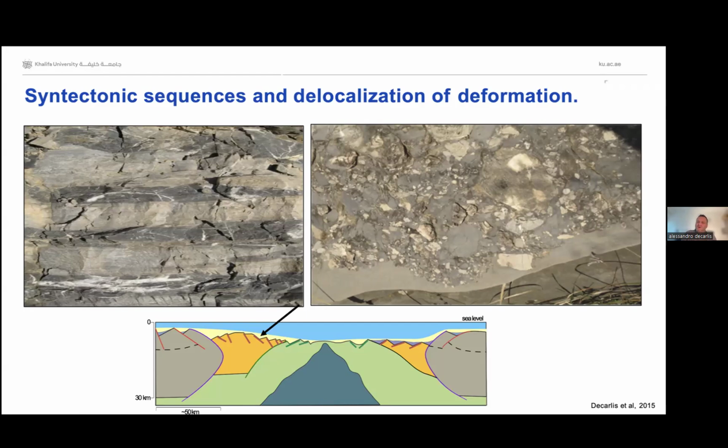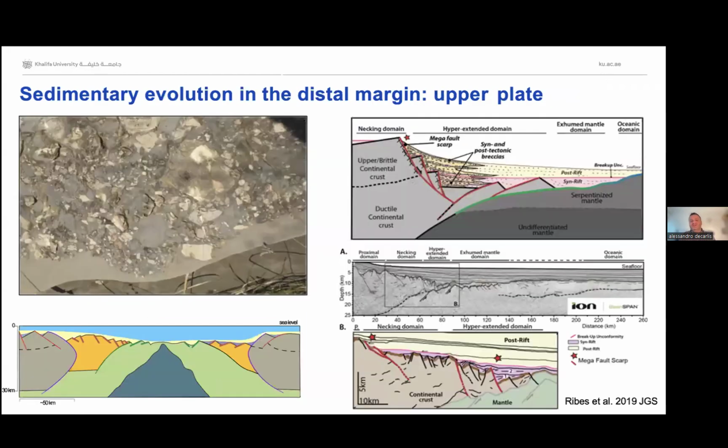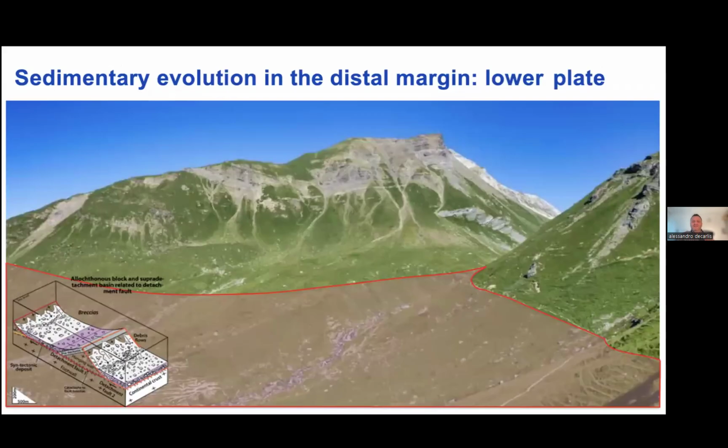But now in the distal margin, again, we have the maximum complication. For example, in the upper plate, you start to have this mega-breccia accumulation, which is very characteristic. But if you go into the lower plate, which is the opposite part, you don't have this huge accumulation, but you have a very, very characteristic feature of the stratigraphy, which is created by exhumation.